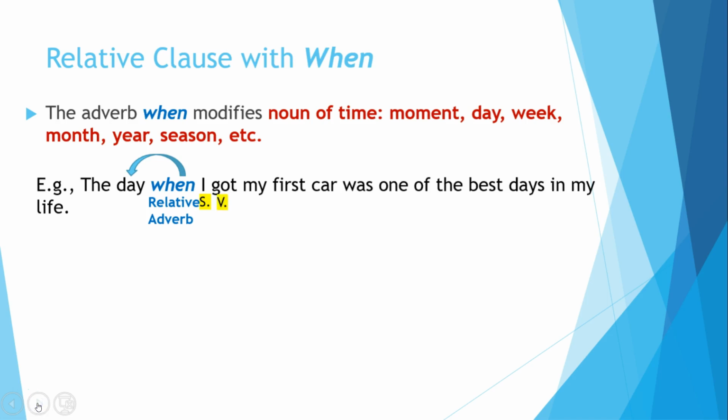We still follow the same principle, you guys. We describe our noun of time, the day, we use the relative adverb when, and right after that comes our subject and verb. Typical order, it's the same thing we've been saying all along. The day when I got my first car was one of the best days in my life. That's it.